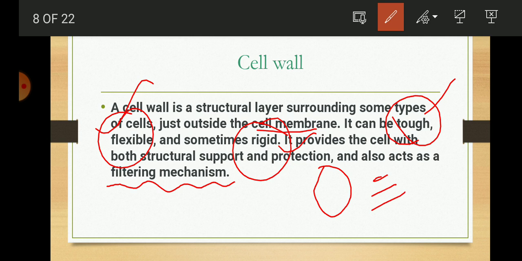If this is the cell, and these things try to come inside the cell, then they have to pass through the cell wall, and this cell wall allows the substance to come inside, or it also allows it to go outside. So that is why it is also a filtering mechanism.